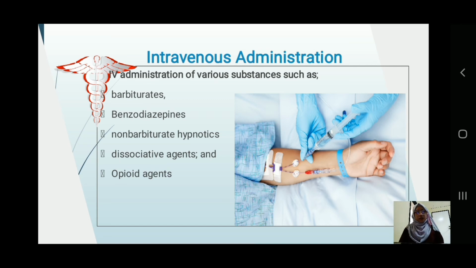And dissociative agents, this class of drug is characterized by distorted sensory perceptions and feelings of disconnection or detachment from the environment and self. And the last is opioid agents.